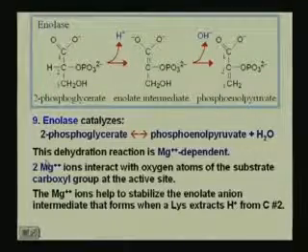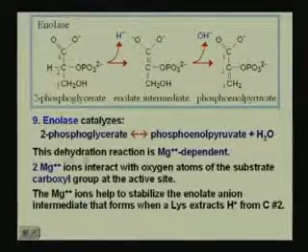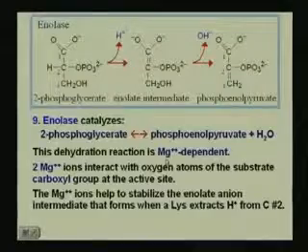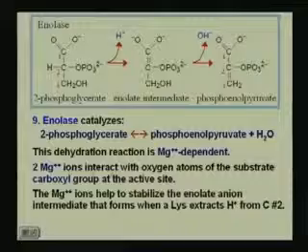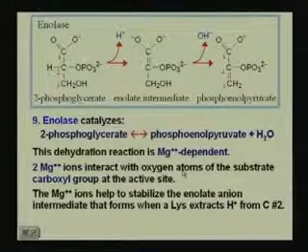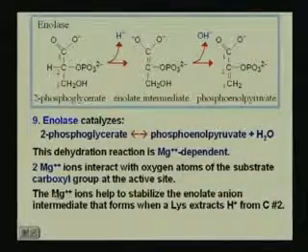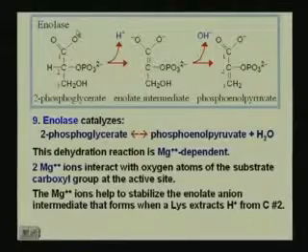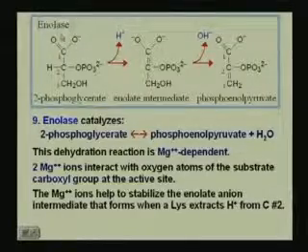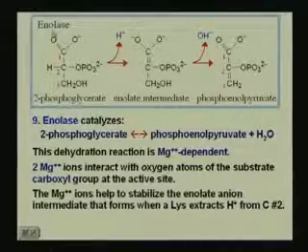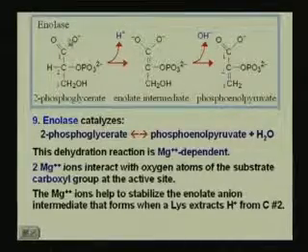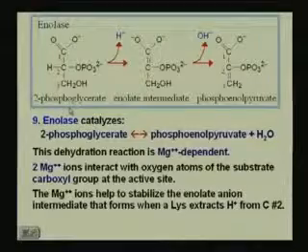But there are some other notes here where we have the dehydration reaction is magnesium dependent. The two magnesium ions interact with oxygen atoms of the substrate carboxyl group at the active site. So what happens is we have a magnesium interacting with the oxygen atoms of the carboxylic group of 2-phosphoglycerate, that helps stabilize.